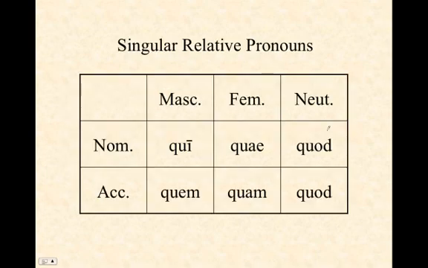Here for your reference are the forms of the singular relative pronouns in nominative and accusative. You'll notice, of course, like all neuters, the nominative and accusative are identical. In the next part of the tutorial on relative pronouns, we will explore the plurals and also cases other than nominative and accusative.